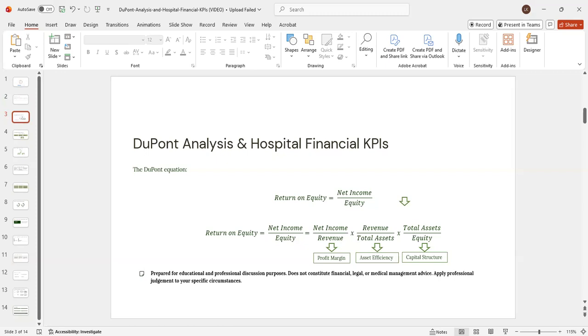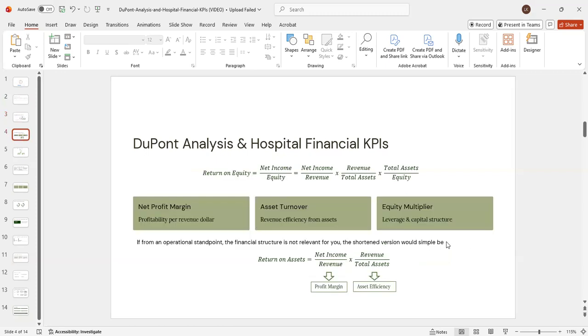Now, one additional thing I would say is that not in all cases is the return on equity equation split into these three.